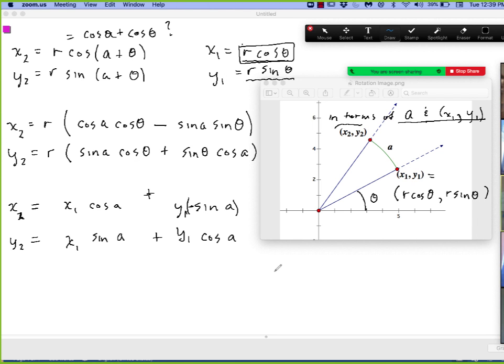Do you remember what that is solving? Is that the cross product? Not the cross product, but we're on the right track.